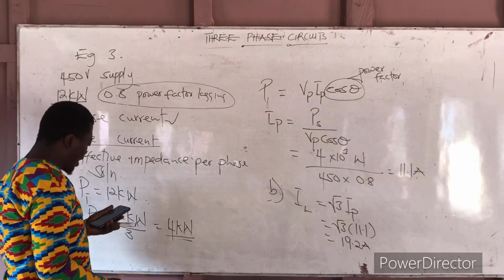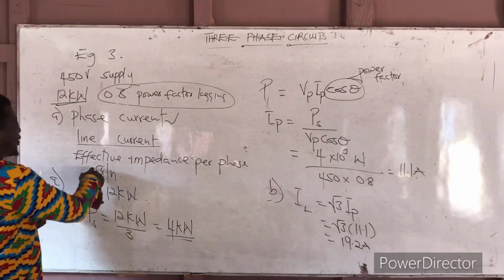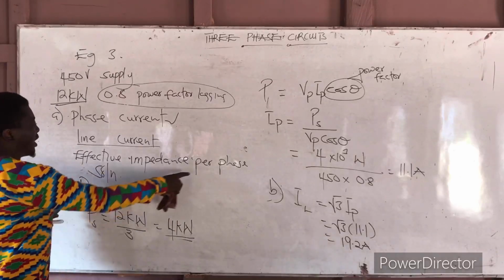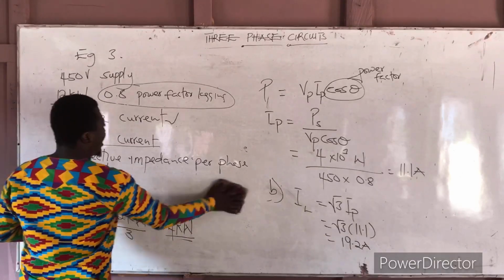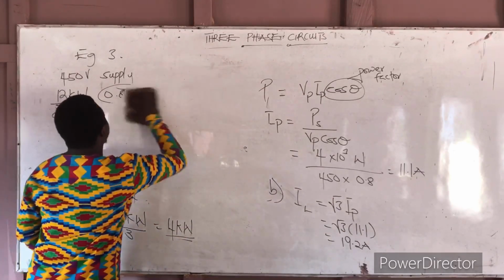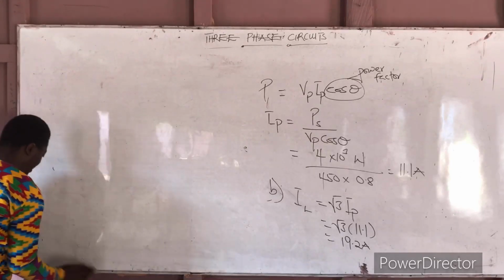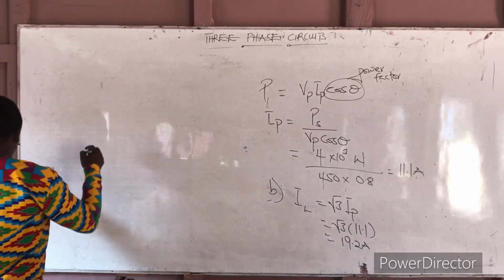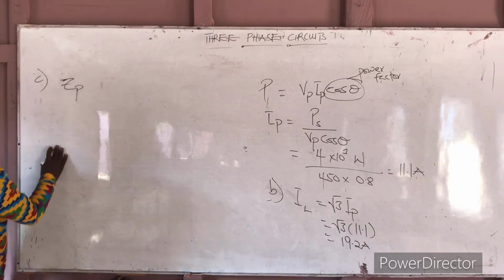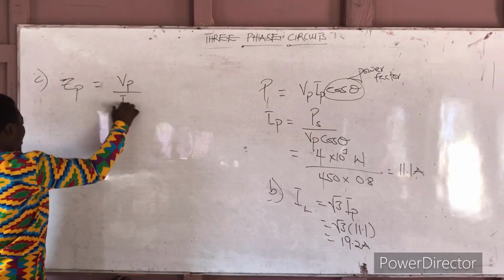So now that we have our line current, the last one said we should find the effective impedance. If you want the effective impedance per phase, it is just the voltage across that phase. So you pick your voltage. You know that ZP, which is our impedance per that phase, will be equal to VP over IP.